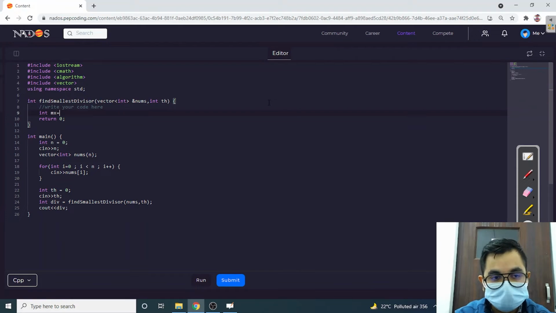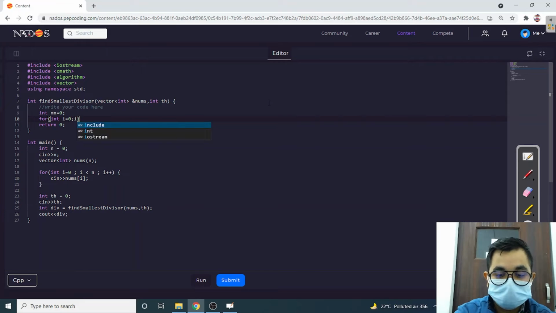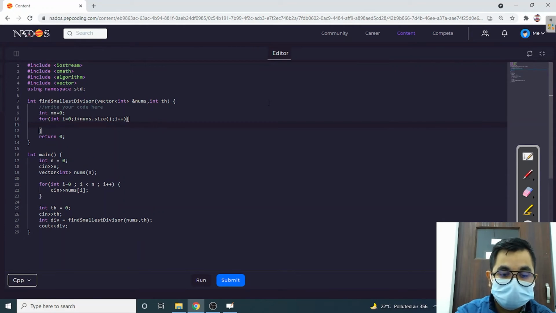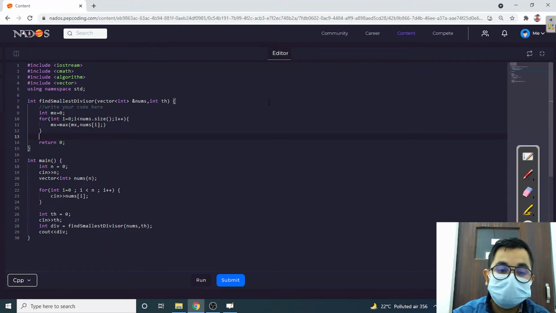Okay, so max, let's say starting is 0, and now I'm going to run my loop for i equal to 0, i less than nums dot size, i plus plus. Now I'm going to compare mx with nums[i], so that I will be able to find the maximum value in the nums.